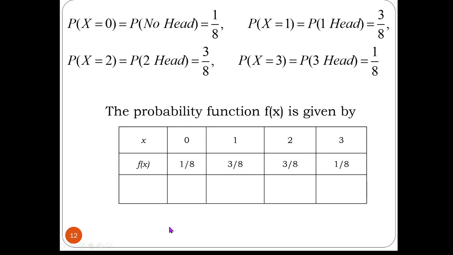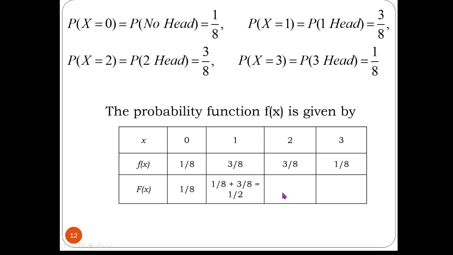Now we'll find the distribution function, that is capital F of x. We start with 0: for 0 the distribution function has the value 1 by 8. For 1 the distribution function is 3 by 8 plus 1 by 8, that is, we add the probability function of 1 to the previous value 1 by 8, so it is 4 by 8, which is equal to 1 by 2.